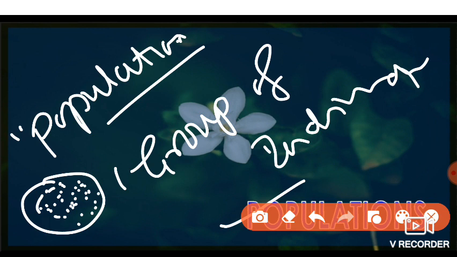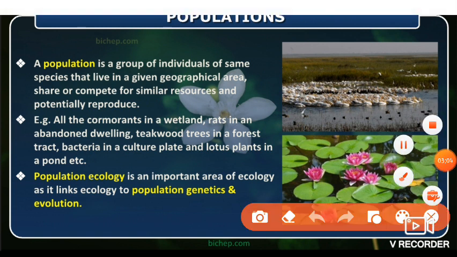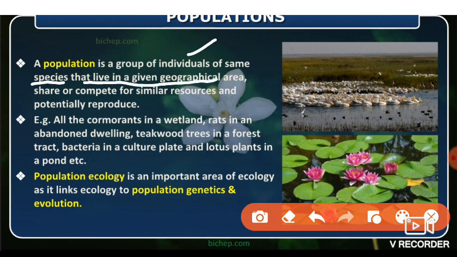But when you come to the particular definition of population, you need to know some other important aspects also. What are those? A population is a group of individuals of the same species. They should belong to the same species, live in a given geographical area, and share or compete for similar resources.